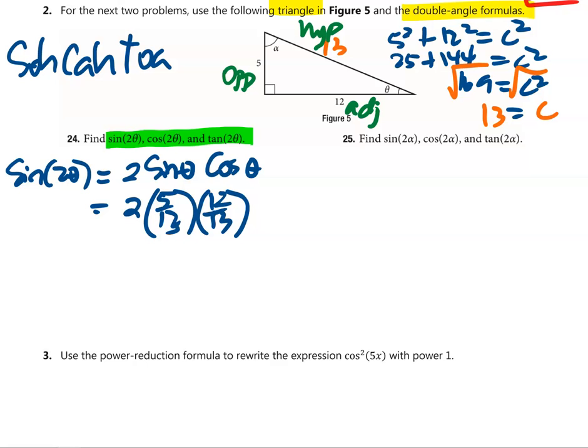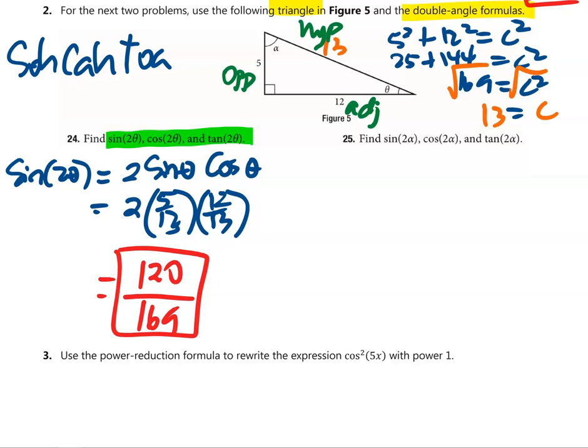Okay, so 2 times 5 times 12 is 10 times 12 is 120. 13 times 13 is 169. So this is the answer.